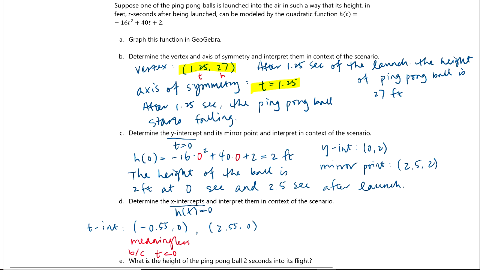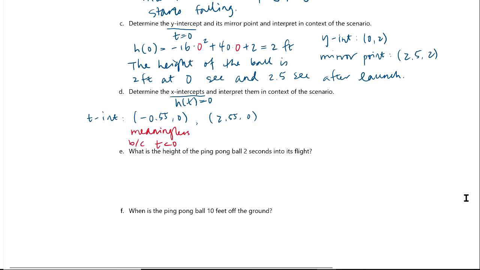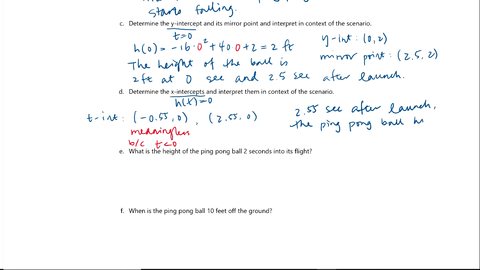Versus for 2.55 comma 0, this is saying 2.55 seconds after launch, the height of the ball is going to be 0 feet, or we can say the ping pong ball hit the ground. And that's how we can interpret it.